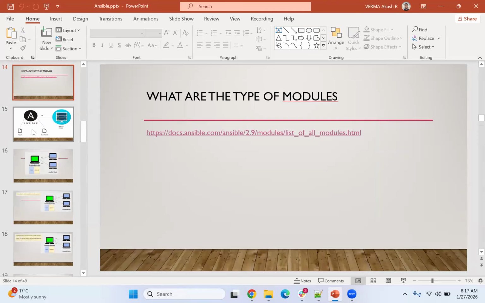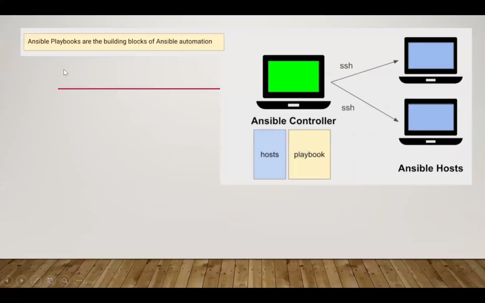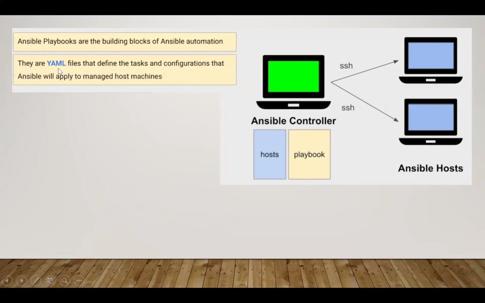Okay, we can see a couple more things. So what if they ask what is an Ansible Playbook? Playbooks are the building block of Ansible automation. First thing, it contains YAML configuration, meaning all the modules are written in the form of YAML. You have to define the task and configuration in a YAML file.